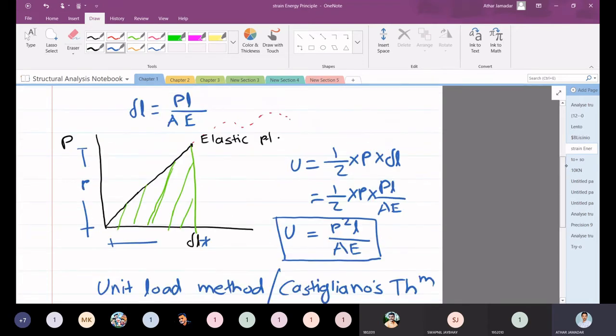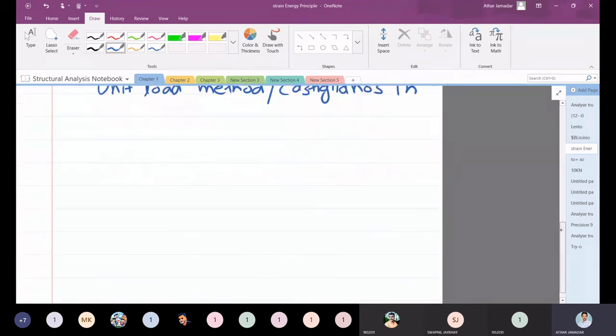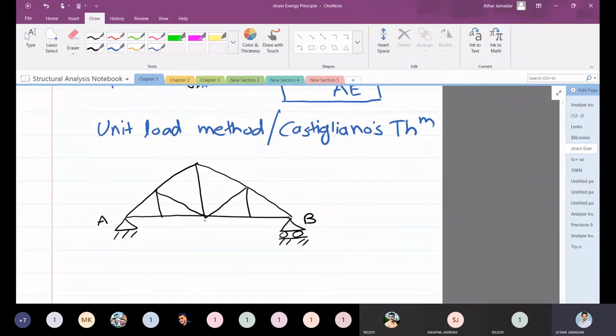For that we will need a truss, and on this truss, suppose at this point I am going to apply a load P. Let us name the point where P is acting as point C.